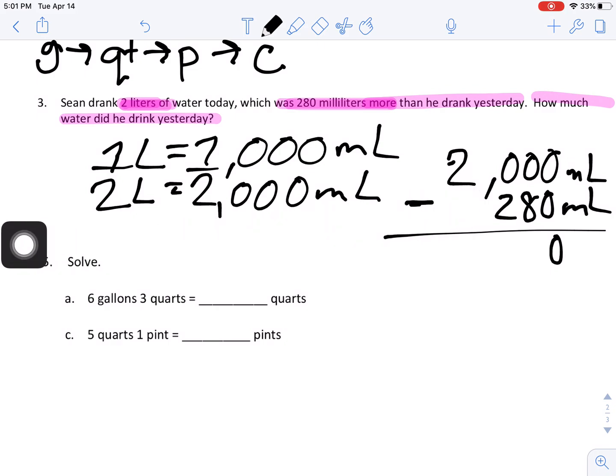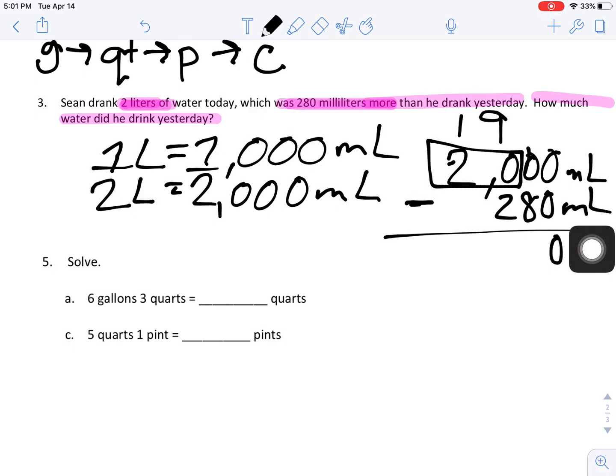So if you were in our class and you learned the box method, you can just put a box around the next places and see that if you didn't have the comma, it'd be 20, and you change them to 19 and then regroup the 100 to the tens place. But if you're not, have no fear. I'm still here for you.